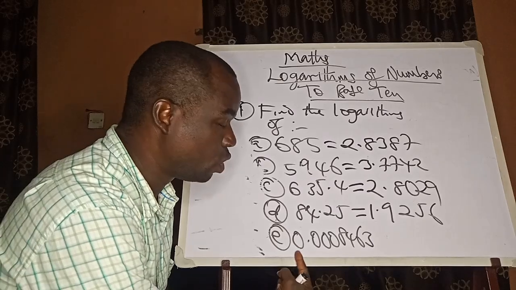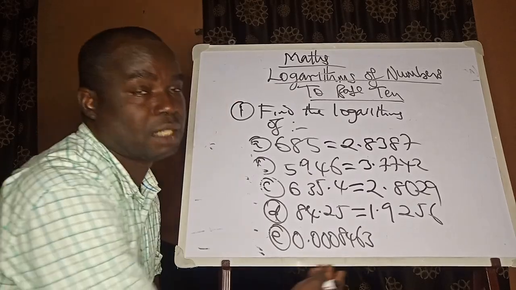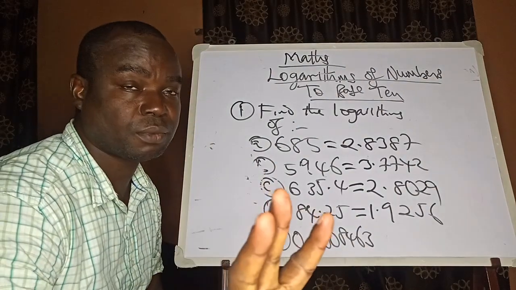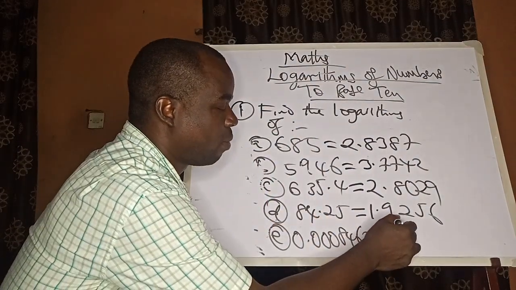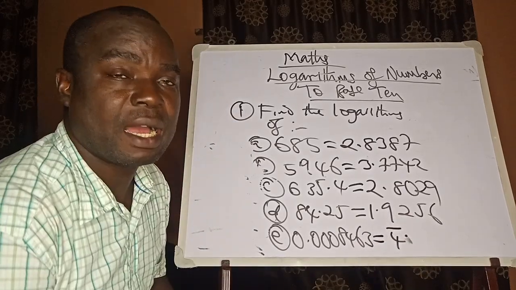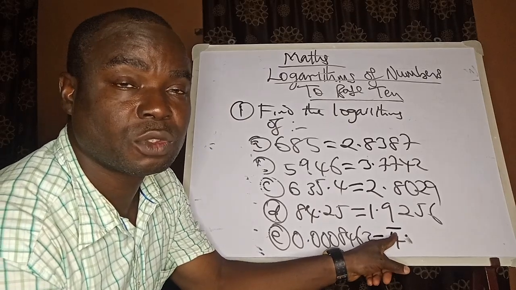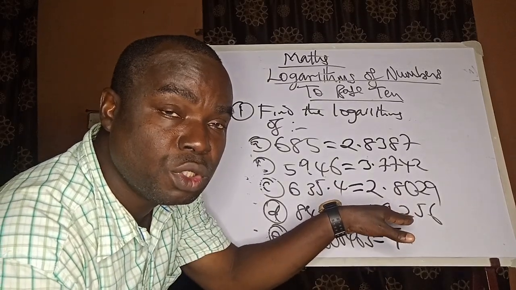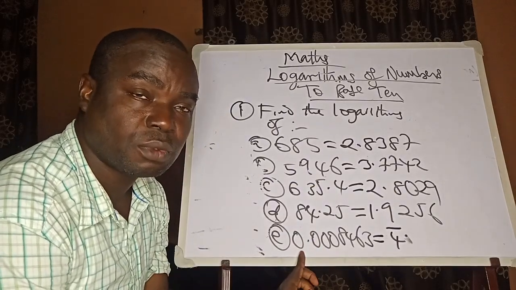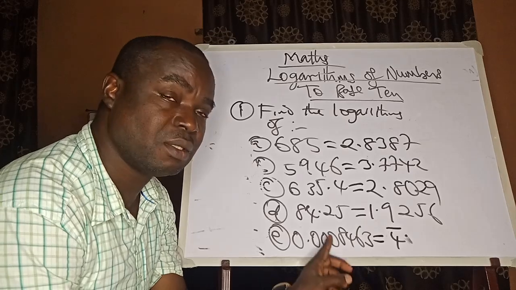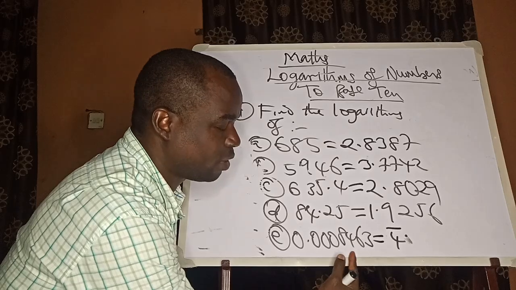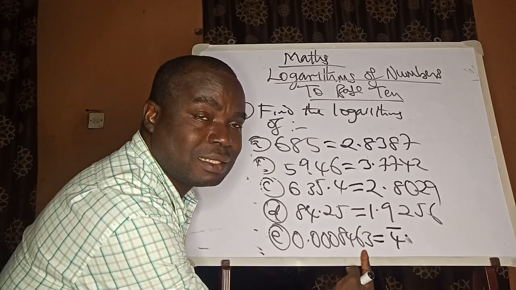So count all the zeros on the left hand side before the number. So I have 1, 2, 3, 4 zeros. You write it as bar 4 points. Now, this bar means minus, but because it's on top of 4, that's what we call bar 4.